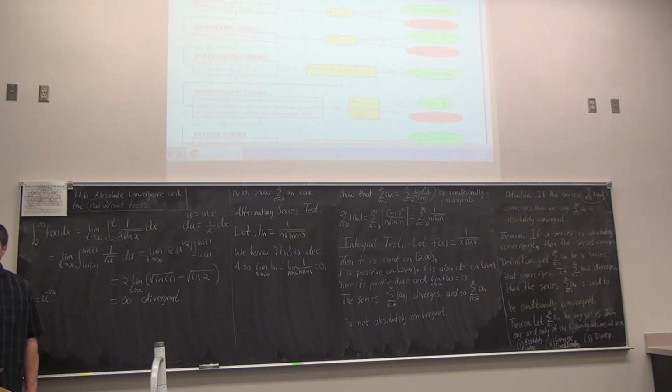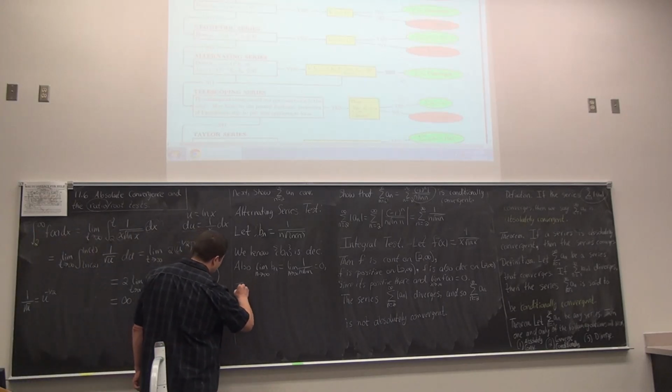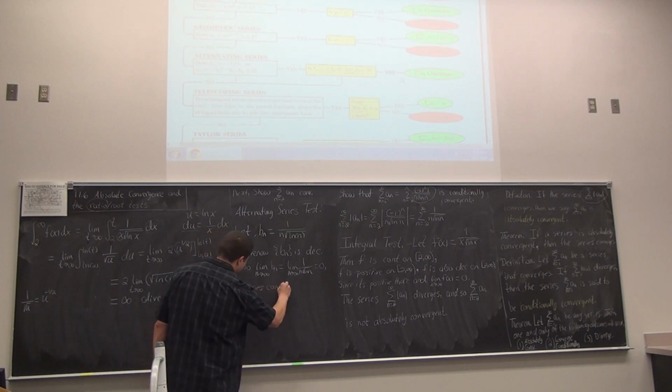We have to read that right. That whole test fails, and the arrow is telling us to try something else. That test did not work. If the limit is not 0, which is a no, then we have divergence. But in the alternating series test, we have b sub n plus 1 is less than or equal to b sub n. That's the decreasing. The limit is equal to 0, so both of those worked. That's a yes. And our conclusion is convergence. So we can say the series converges.